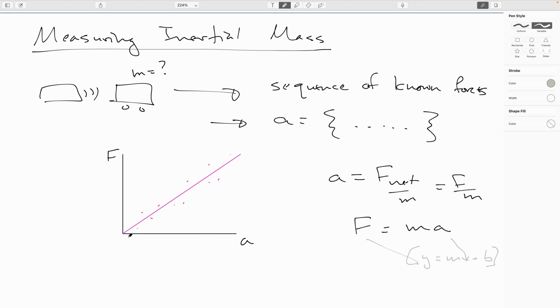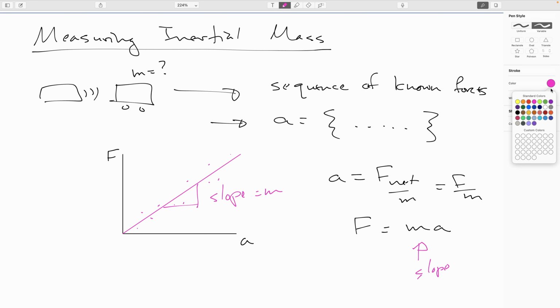Since the origin was the best piece of data I have, my y-intercept is 0, so it turns out that my slope is the mass. Alrighty. So it's just a coincidence that the letter happens to be m, but that works for us. So I can find the slope of my fit line and say, that's the mass of my cart.